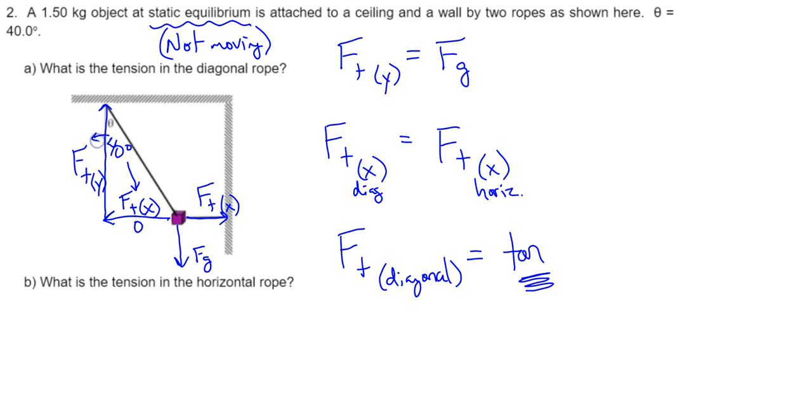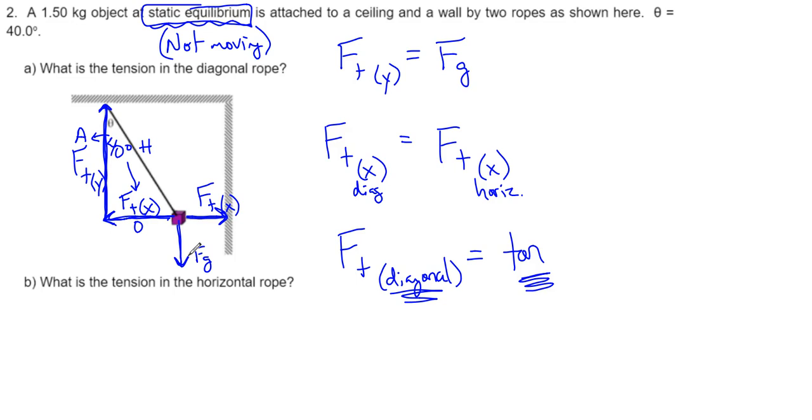This portion is our adjacent, and then our overall diagonal here is our hypotenuse. Because this is in static equilibrium, that means that the forces in the x direction have to cancel each other out, and the forces in the y direction have to cancel each other out because nothing is moving. Right?